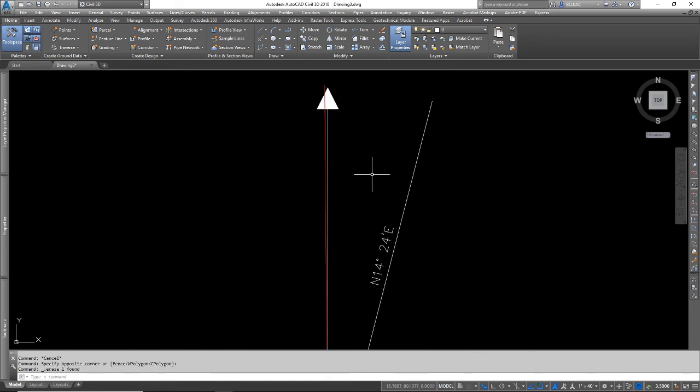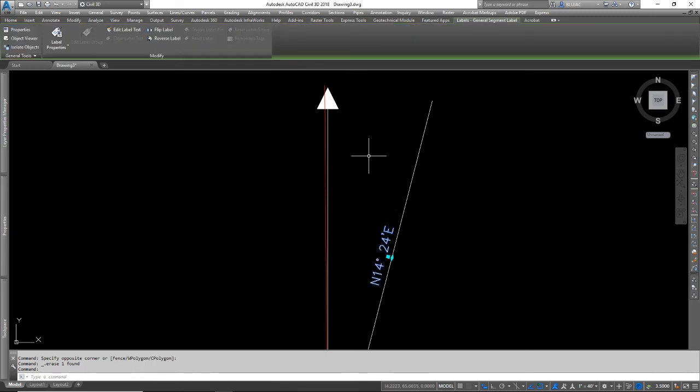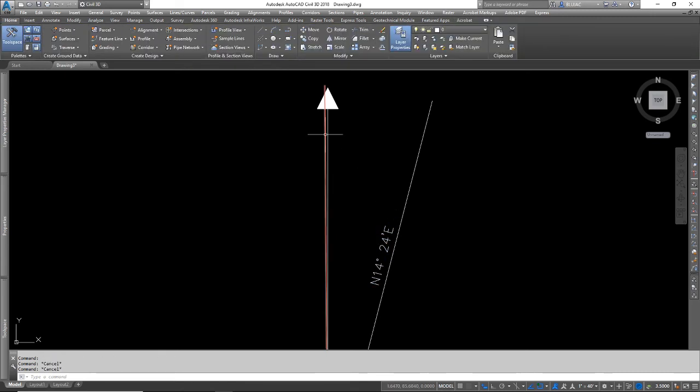Now the question might ask something like, what is the new magnetic bearing of this same line in question? We know the true bearing based on true north of this line, but the magnetic declination, or magnetic north, has shifted. Let's say we need to calculate the new magnetic bearing of this same line.